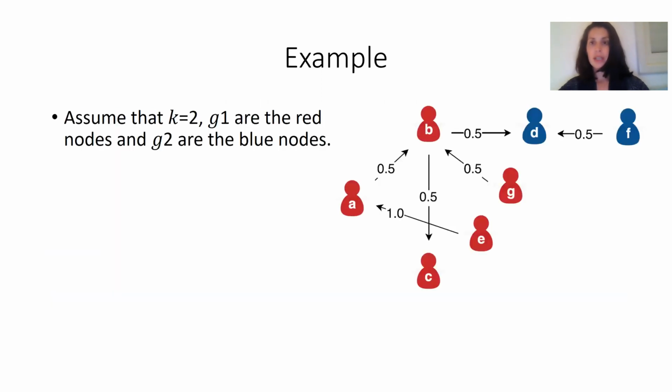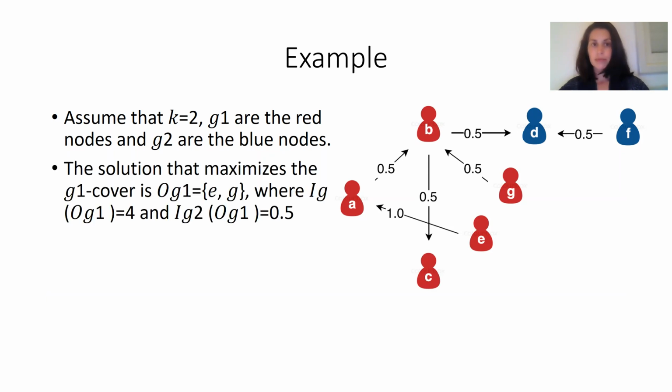For example, continuing with our example, let's assume that K is equal to 2, G1 are the red nodes and G2 are the blue nodes. The solution that maximizes the G1 cover, namely the influence over the red nodes, is to select nodes E and G, where the expected influence is 4. On the other hand, to maximize the influence over the blue nodes, the optimal solution will be to choose nodes D and F.